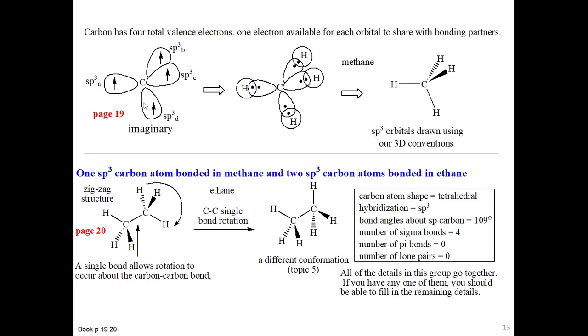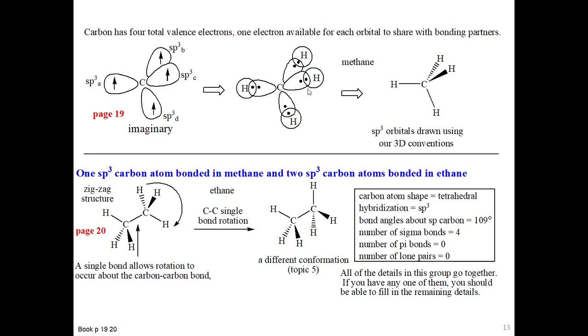Since I don't have any p orbitals, we're not going to have any pi bonds in this case. So this is the first one where I could just bring up a hydrogen at the end of each of those orbitals and finish off the molecule. And that would be CH4. CH4 is methane, so a very common molecule these days. That's sort of natural gas that they frack out of the ground a lot.